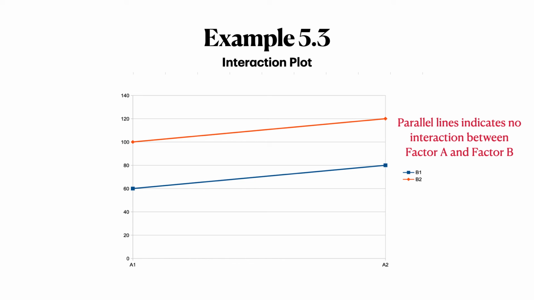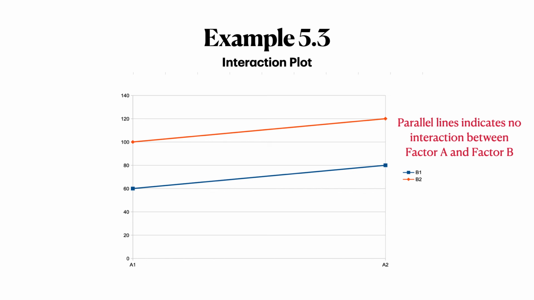And so we see here that the two lines are parallel, and the fact that they're parallel indicates that there's no interaction between factor A and factor B. We see that the simple effect of factor B is the same at the first and second levels of A. That vertical distance between the two lines is the same regardless of whether we're looking at level A1 or level A2.